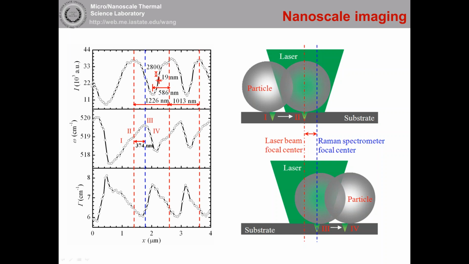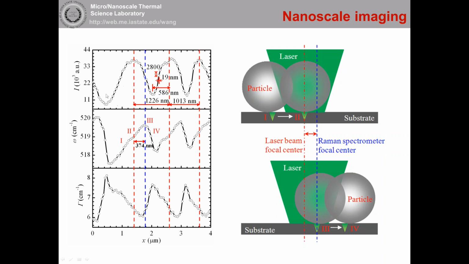You can see the Raman intensity changes periodically and smoothly, completely giving the surface profile of the particle. Also very interesting, the peak-to-peak location is exactly the size of the particle we use in the experiment. Then we checked the Raman shift, which gives another periodic variation in space, and the line width gives another one.